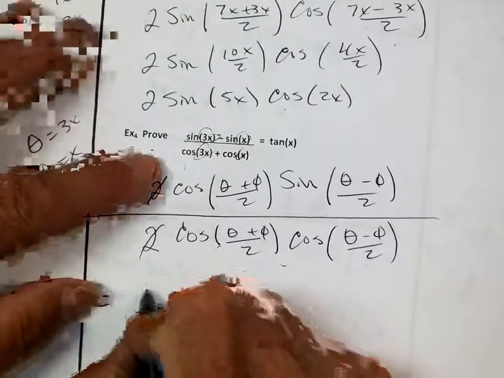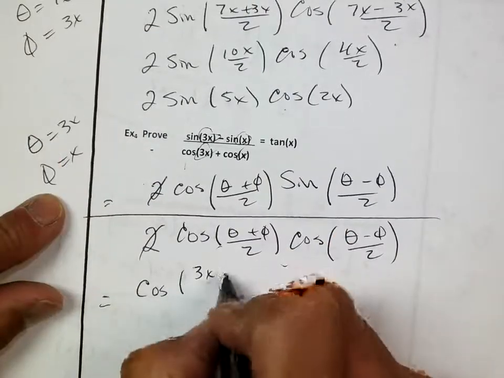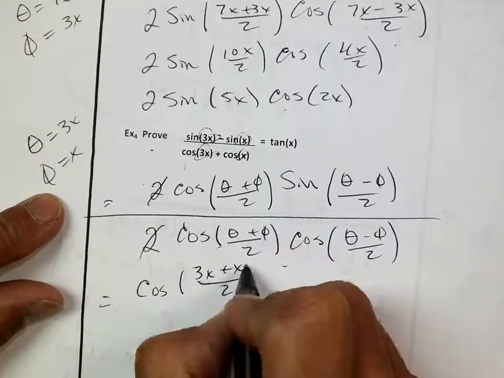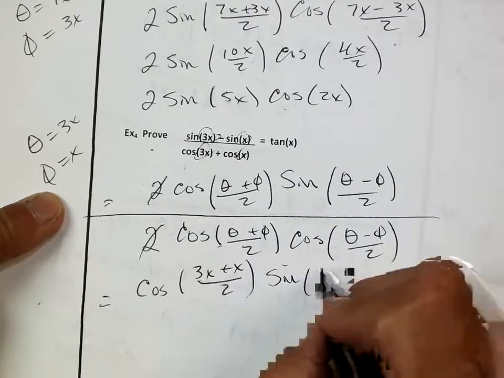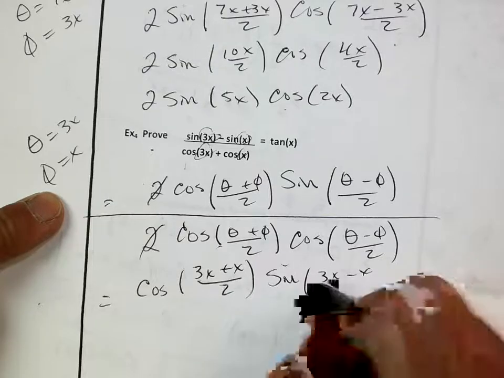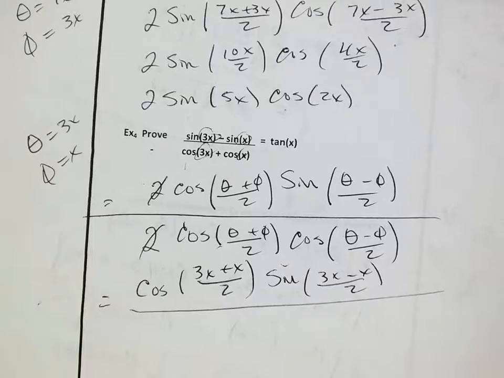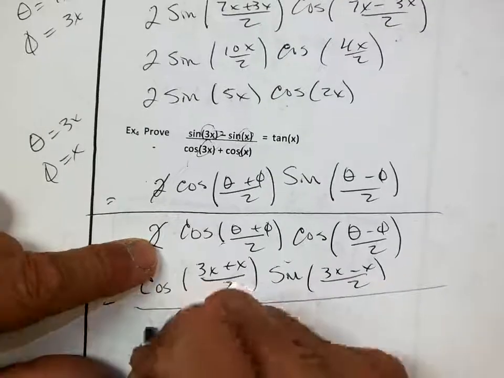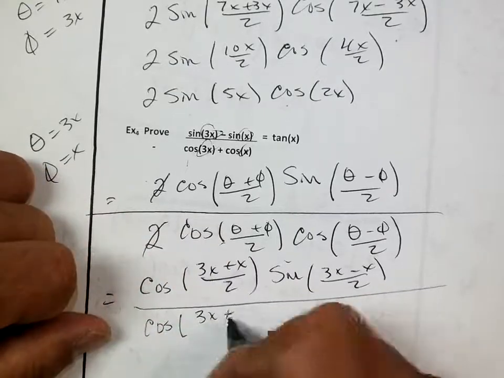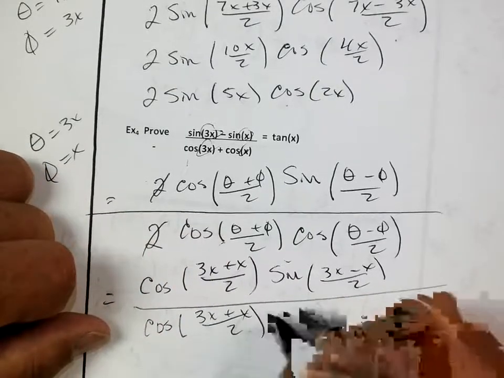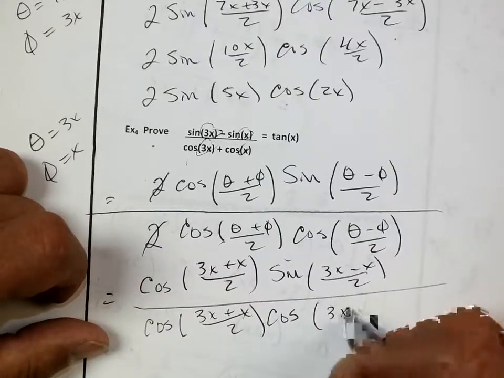So on the top, the numerator, I'll have cosine of 3x plus x over 2, sine of 3x minus x over 2, all over a cosine of 3x plus x all over 2 times a cosine of 3x minus x all over 2.